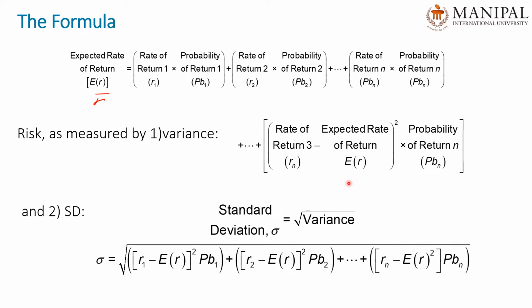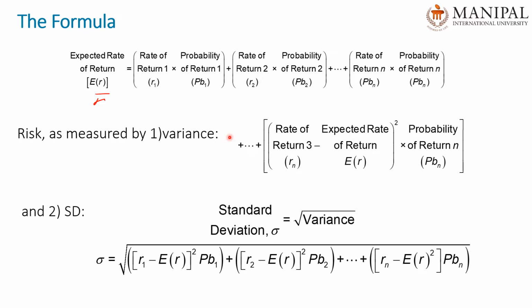If you look at this formula, it seems short, but it is actually a very long formula, a repeated formula. This formula can be repeated as many times as there are probabilities. In this case, there are three probabilities: the first, the second, and the third. Or maybe there are n probabilities. That is how many times you have to do this formula.